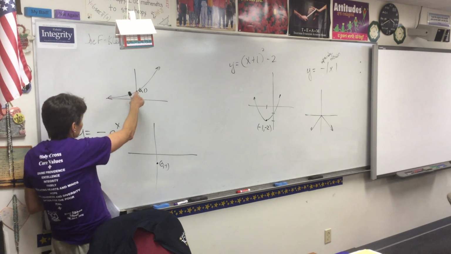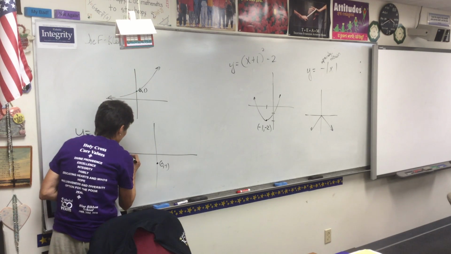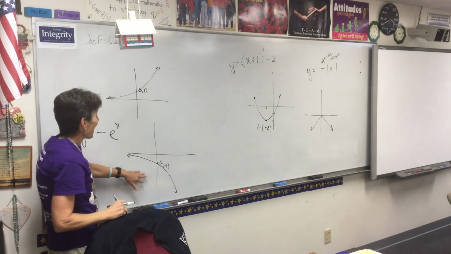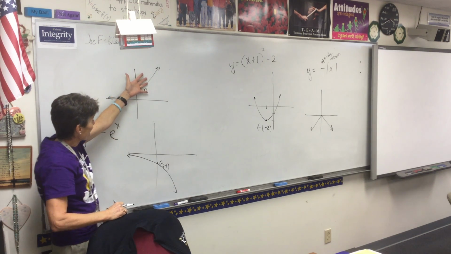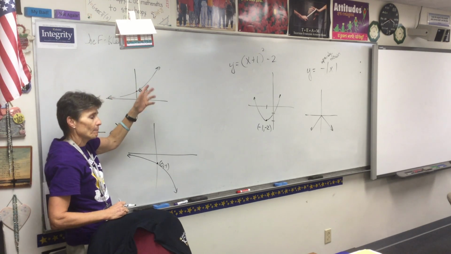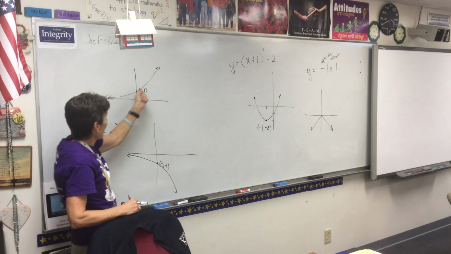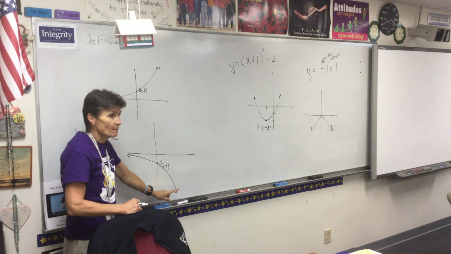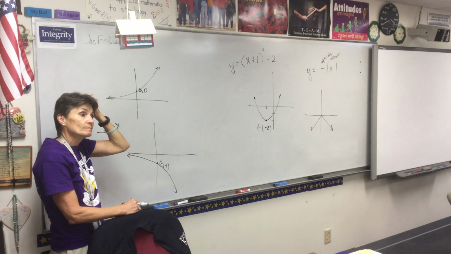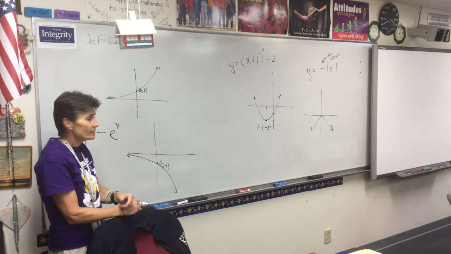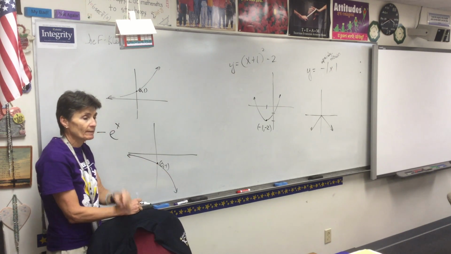And instead of being above the x-axis, it's going to be below the x-axis and shooting down. Imagine you have a paintbrush and you blob some paint on here and then fold your paper. This is where the imprint will be. If we were to do something like this on a quiz and we wrote the original and then the other, just shade that in so I know that's what I'm grading.